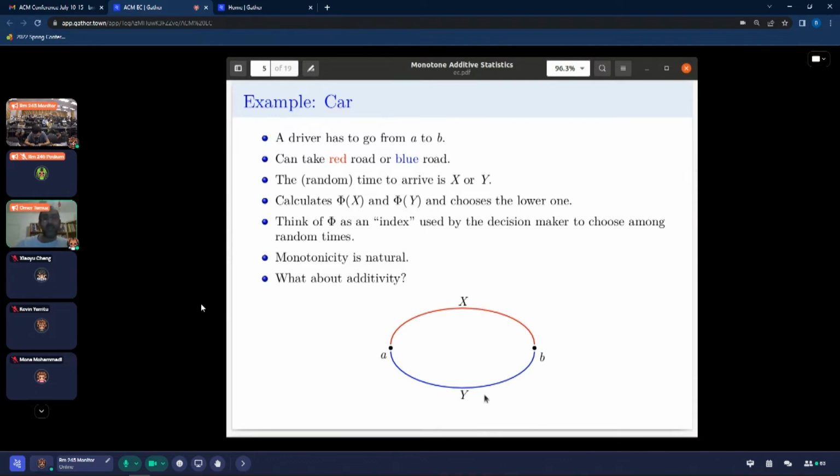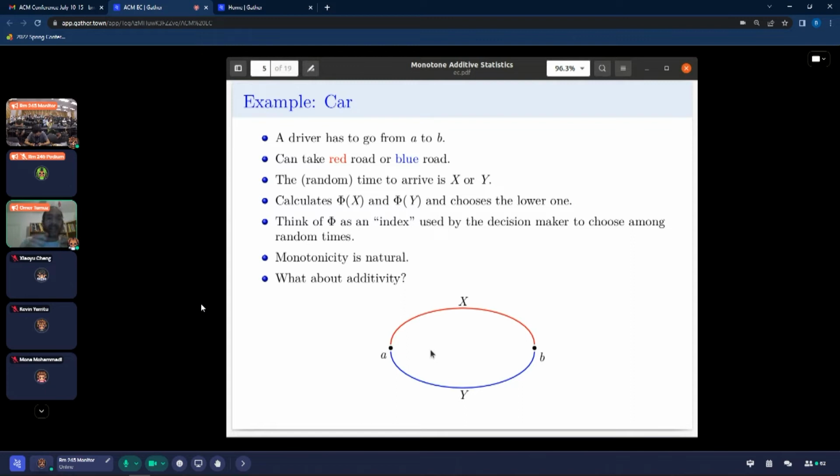And one way to think conceptually of what an algorithm might do, just as a framework, there's no content in it yet, it would have some statistic phi, and it would calculate phi of x, calculate phi of y, and choose the lower one. So you want to think of phi of x as the deterministic amount of time that for me is equivalent to taking the red road, the road that takes x minutes to traverse, right? So this is some kind of index test.